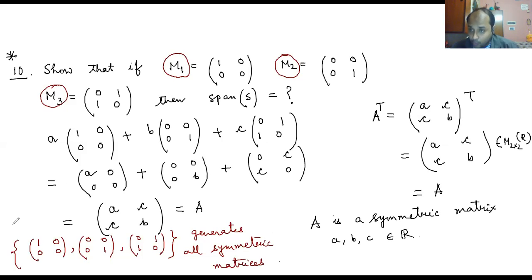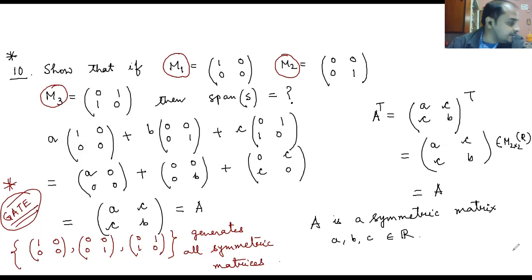In one of the question papers, I once saw that this question was asked in GATE. GATE is an MCQ type of examination, you know. So they gave options over there, and they asked which of the following sets generates the symmetric matrices. So this example is very important. Therefore, star mark for this. You are going to encounter linear algebra problems in the GATE examination also.